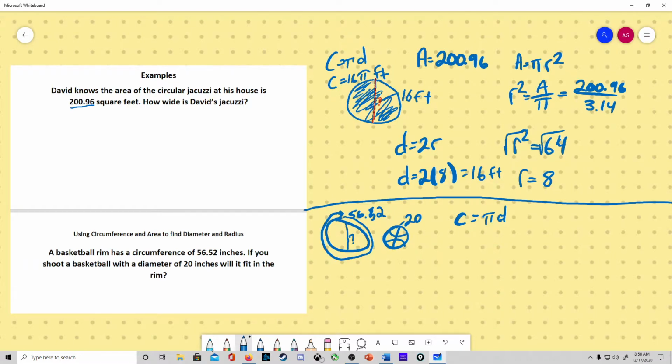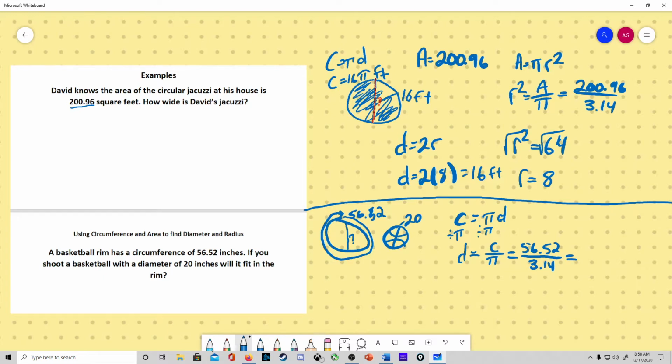So again, using this, if we divide out the pi from the one side and divide it in the other side, then we know diameter is going to equal circumference divided by pi. So we can use what we know. We know that 56.52 is our circumference. And we're going to divide that by 3.14.